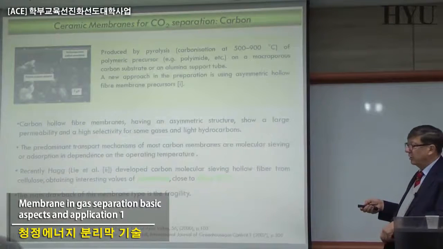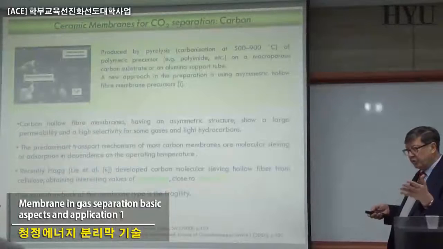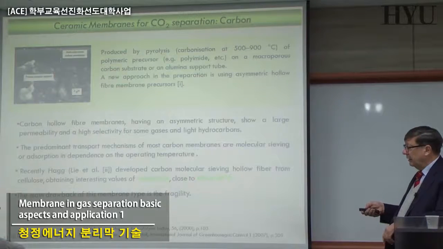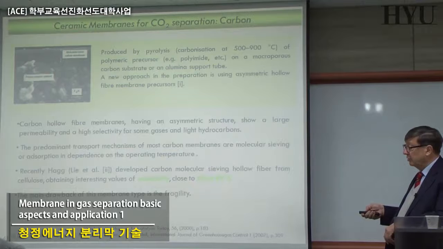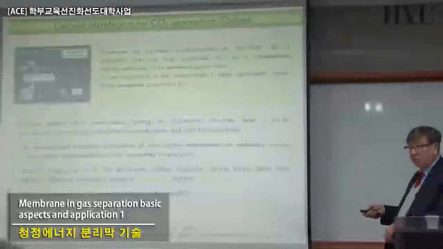We are mentioning here that today there is a lot of research in progress in this area, and in some cases you can have interesting selectivity at a certain temperature, for example, starting from traditional cellulosic material, for the CO2 separation.